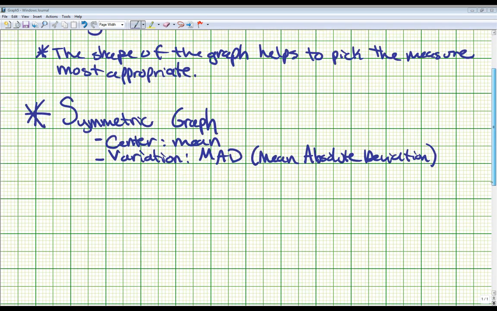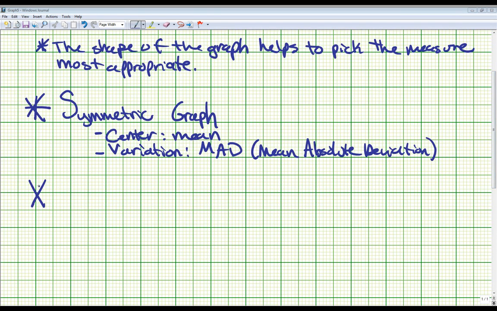Now, what if our graph is not symmetric? So here's the other item. If our data is skewed, so we're going to put skewed. If we have a skewed graph, and this doesn't matter which way, if it's skewed to the right or to the left, if we are trying to describe the center of a skewed graph, it says in the key idea box, we're going to use the median.